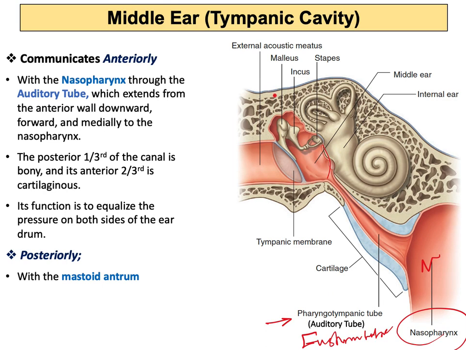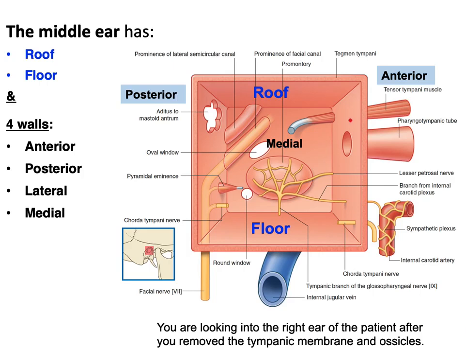Now, posteriorly, it communicates with the mastoid antrum, with the mastoid air cells from here, right? So there is an opening and there are mastoid air cells here in the mastoid process. So it communicates with it. So it has an anterior door and a posterior door.